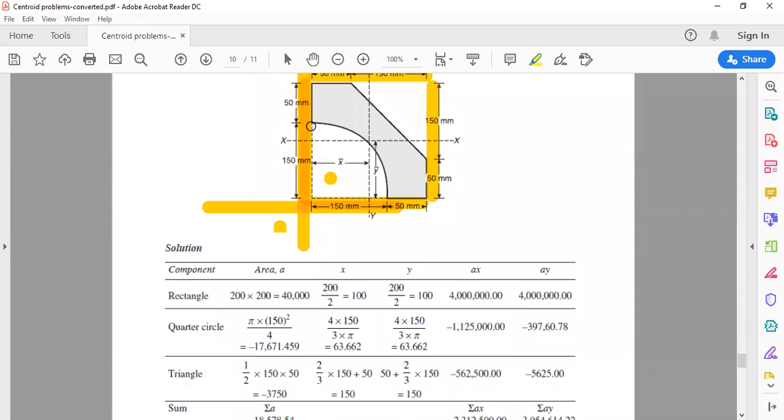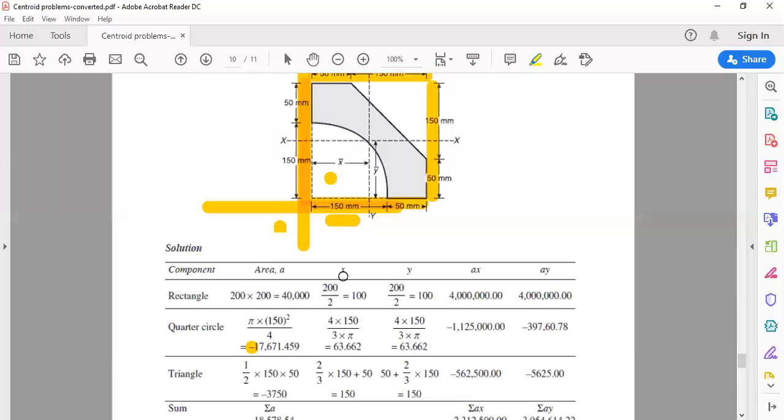The area of quadrant of a circle is pi r square by 4, where r is 150, which is being shown here. So you have pi r square by 4, which is written with the negative sign, because it is to be deducted. So we have pi r square by 4, where r is 150.